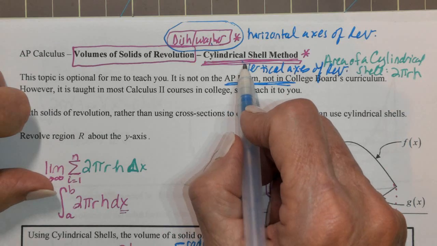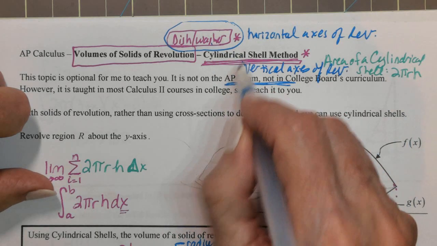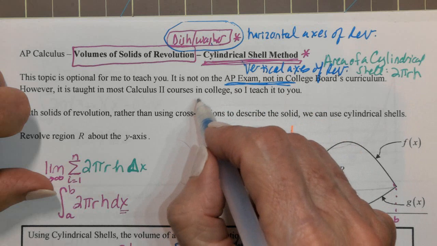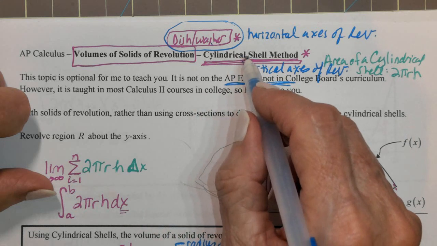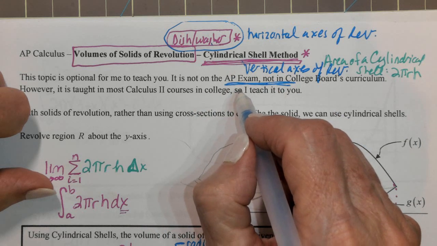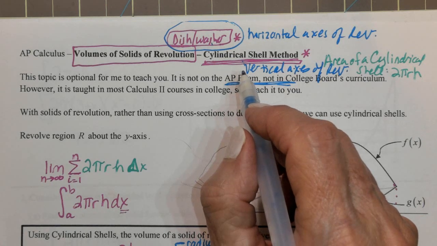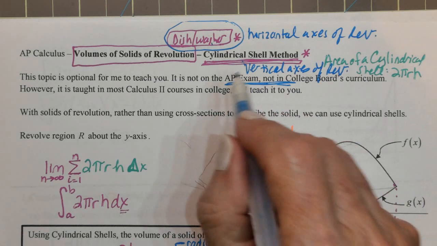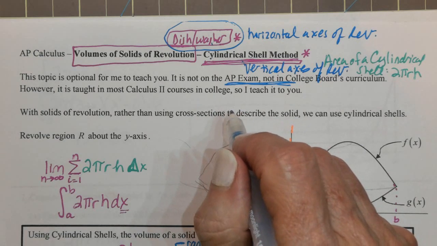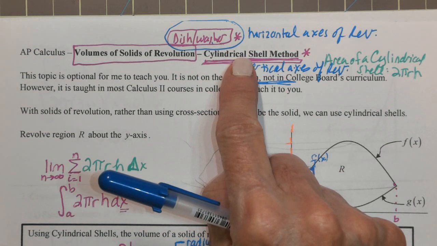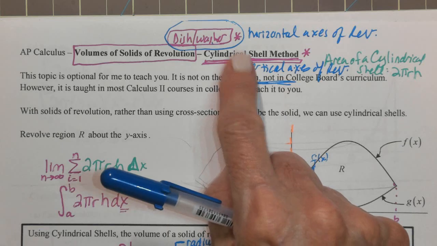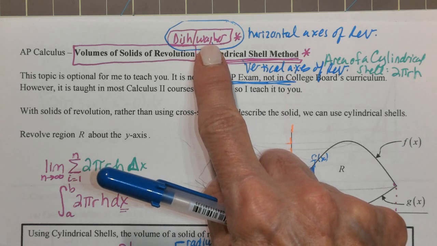We all know it. So you can certainly use it. Even though it's not required that you were taught it, you can still use it. However, if it's a multiple choice question and they say which integral gives the volume, it will not be a cylindrical shell method, just so you know. It will always be the disk and washer method.